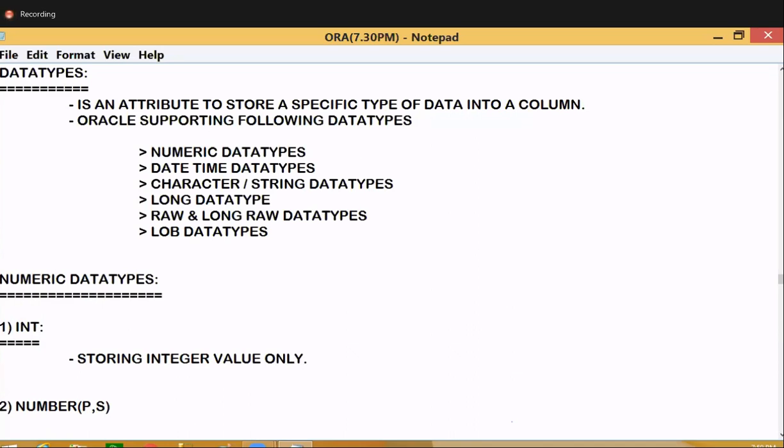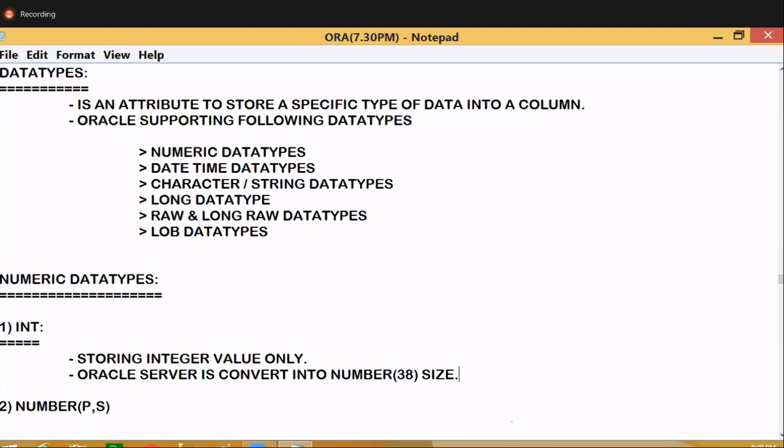We all know this. When I use the integer data type in Oracle, the Oracle server converts it into NUMBER of size 38.